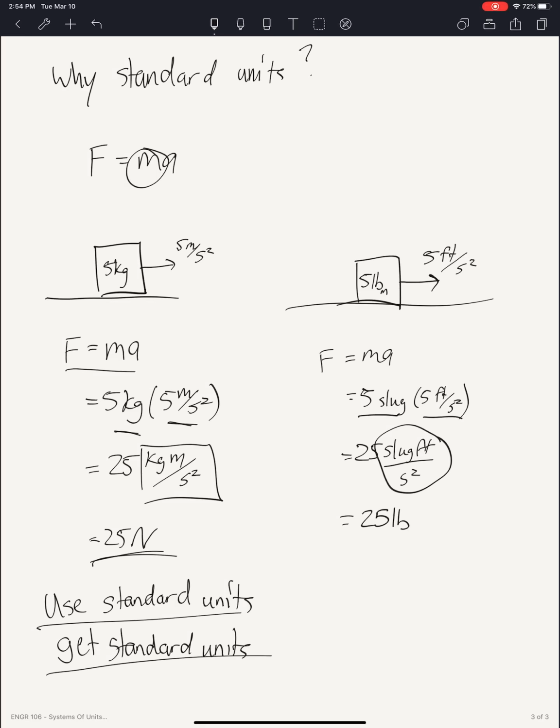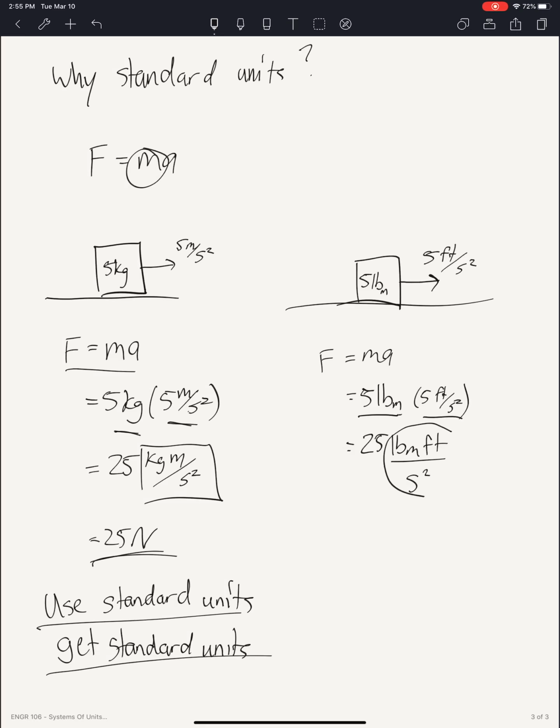In that situation, what do you do? Well, all of this is garbage. None of this matters, so let me erase it all. Oh my gosh. This is 5 pounds. This is definitely pounds mass. This is definitely equal to 25 pound mass feet per second squared.